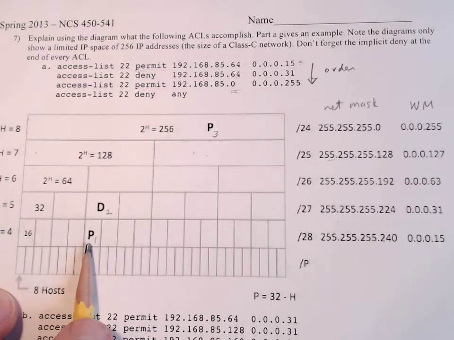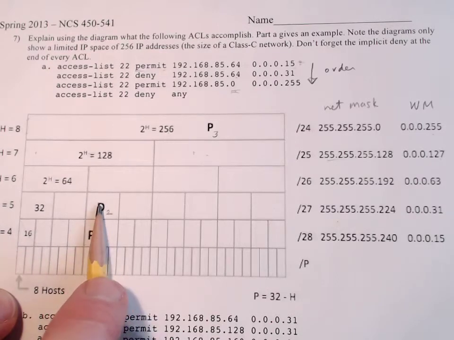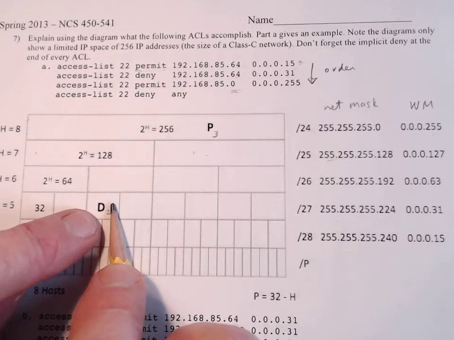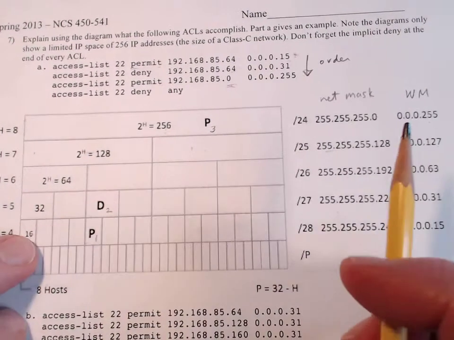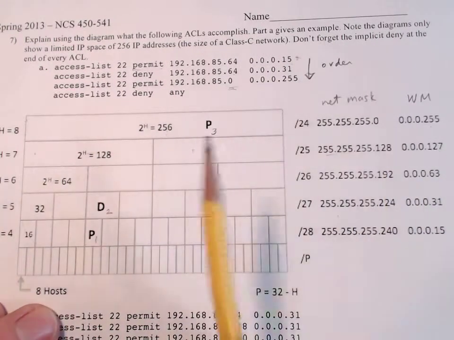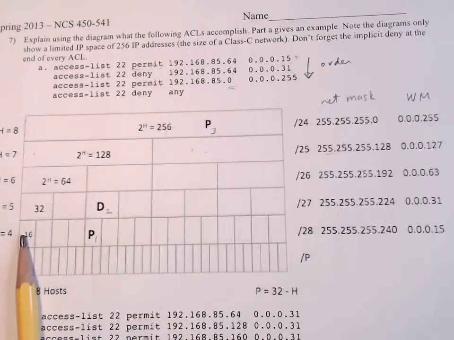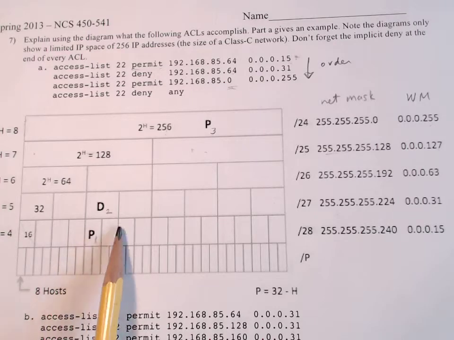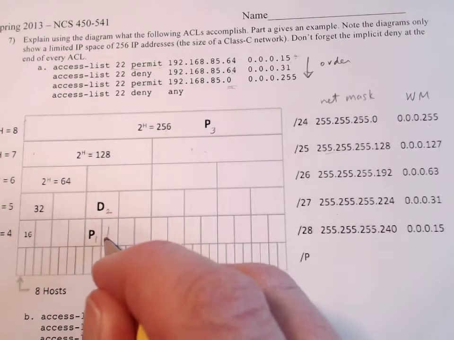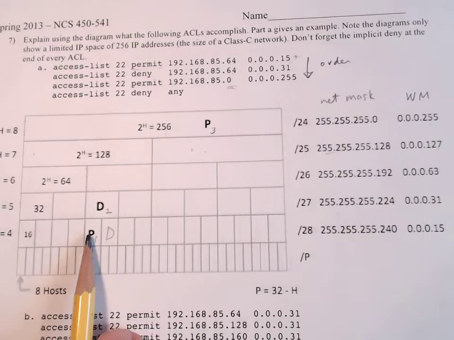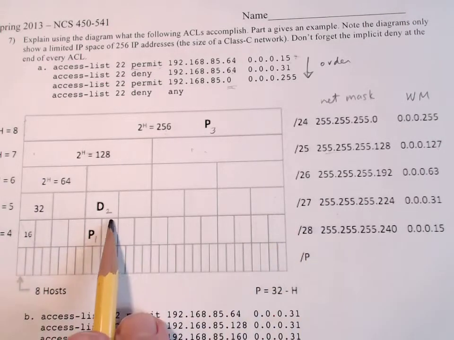Similarly, anything that matches the second line is also going to match the third, because the third is a superset of the IP addresses that match the second line. You can look at this diagram and get a pretty good idea that everything is permitted except for this one little space over here that is denied.